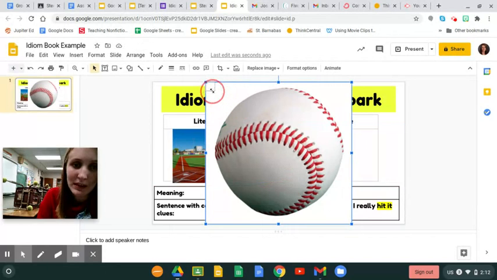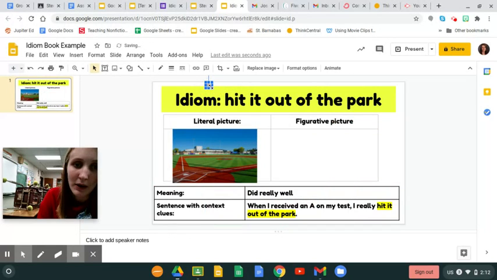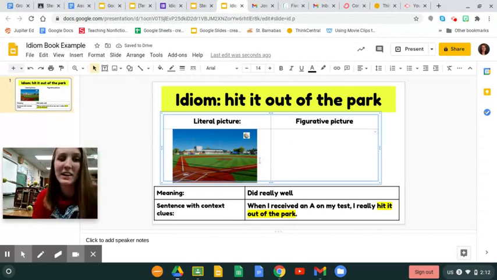I'm going to make it really small because it's getting hit out of the park. I'm going to move it. It's going to be like in the sky over there. See how my picture is a baseball being hit out of the park? If I wanted to get really fancy, I could put a baseball player here with the bat and easy peasy.